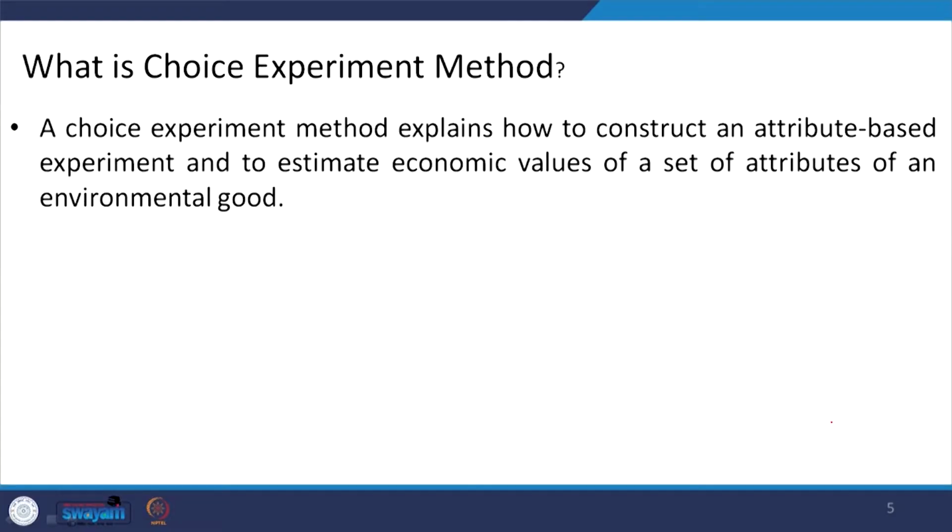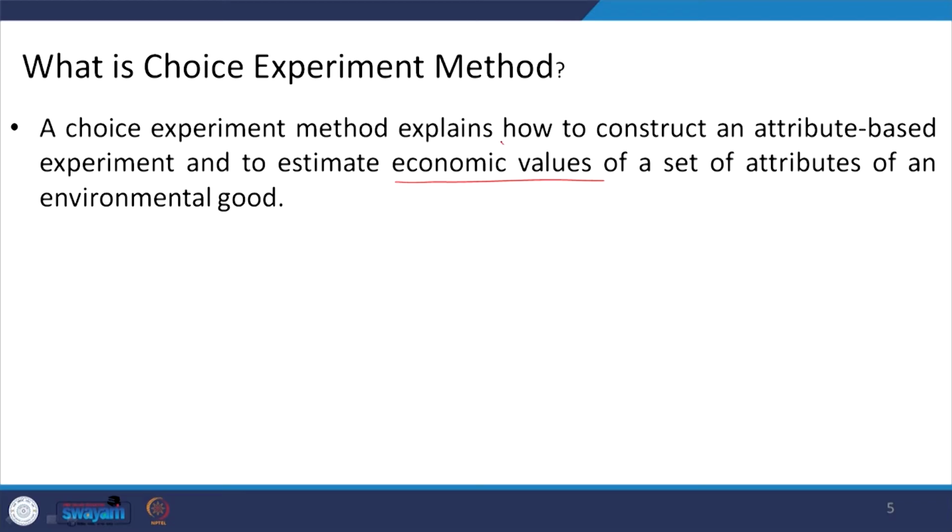This choice experiment helps us construct an attribute based experiment and estimate the economic values of a set of attributes of a particular environmental good or environmental service in question. So, here it is helpful to do two things.